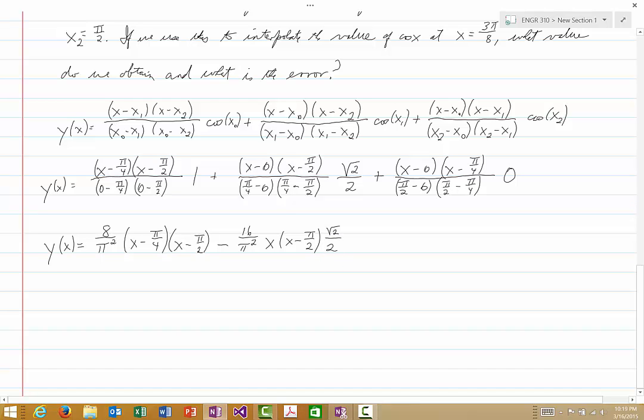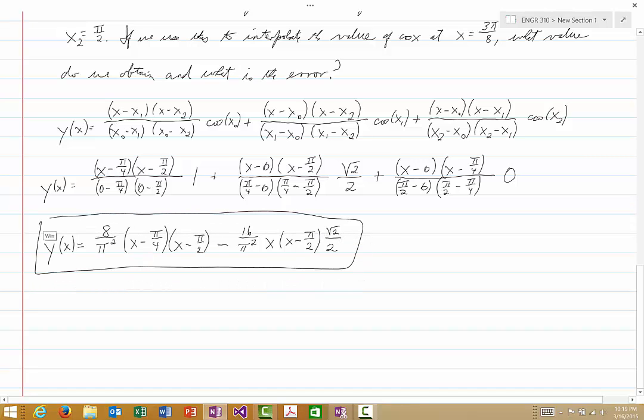And the third term, of course, will drop out because of this 0. Now, definitely, if we wish, we could go ahead and do a little more work to simplify this expression a bit more, but I don't think that that's necessary. Let's just leave it just as it is.